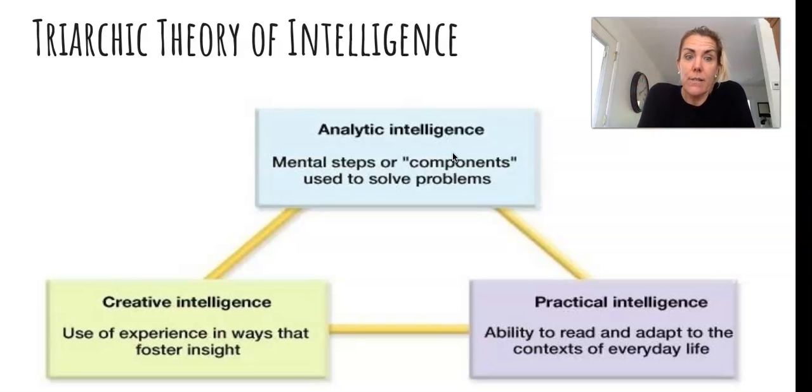Creative intelligence is the use of experience to foster different ways to problem solve. And practical intelligence is the ability to read and adapt to the context of everyday life. Okay, so those are the big 3. Spearman is the G factor, multiple intelligences is Howard Gardner, and the triarchic theory, I hope I'm saying that right, is Sternberg, and that's the 3.